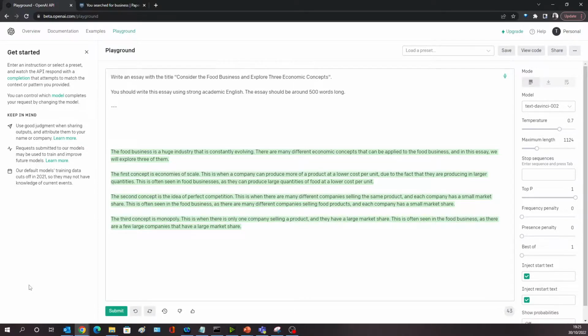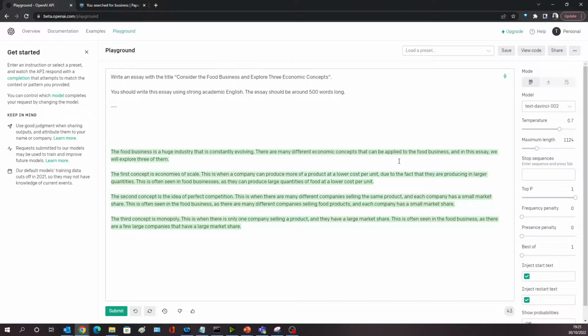But what it has done is it has worked out that we want 3 economic concepts. And remember, I know nothing about the food business. It has put first concept, second concept, and third concept. What is lacking really is some way of bringing this essay to a close.